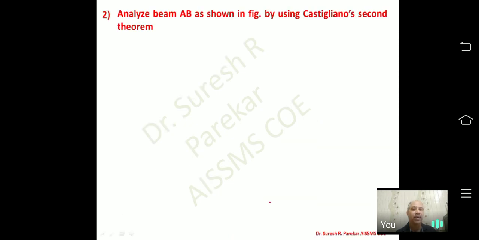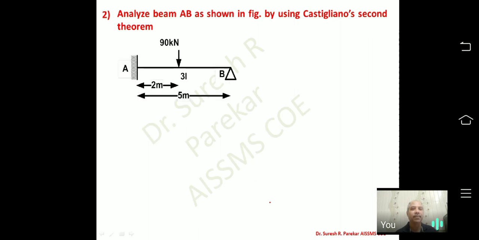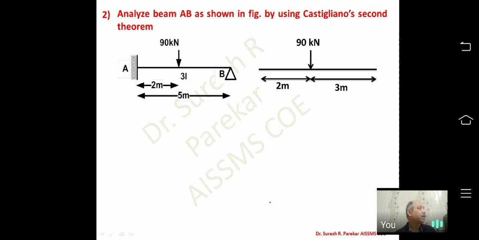Now the second problem we have taken the same, using Castigliano's second theorem. You can see we have taken 90 kilonewton, 2 meter, 5 meter, total 3 meters. And then we will go for the free body diagram. Here the free body diagram plays a very important role, because we have to take the sections and take the moment of that section.